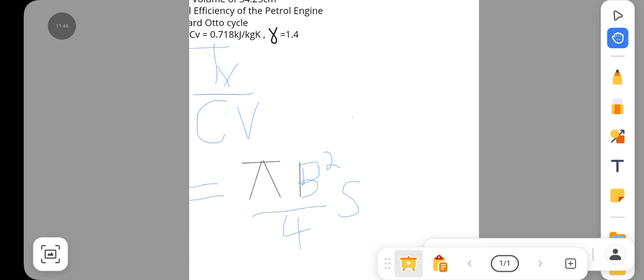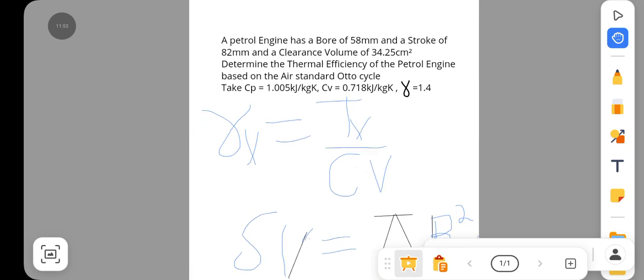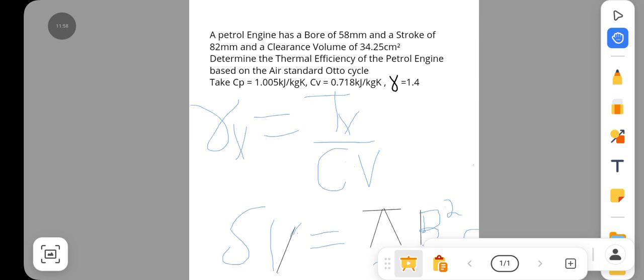So we will just need to find what is our b. Our b here is our bore, which is given here as 58 millimeter, and then we have our stroke here, which is 82 millimeter.